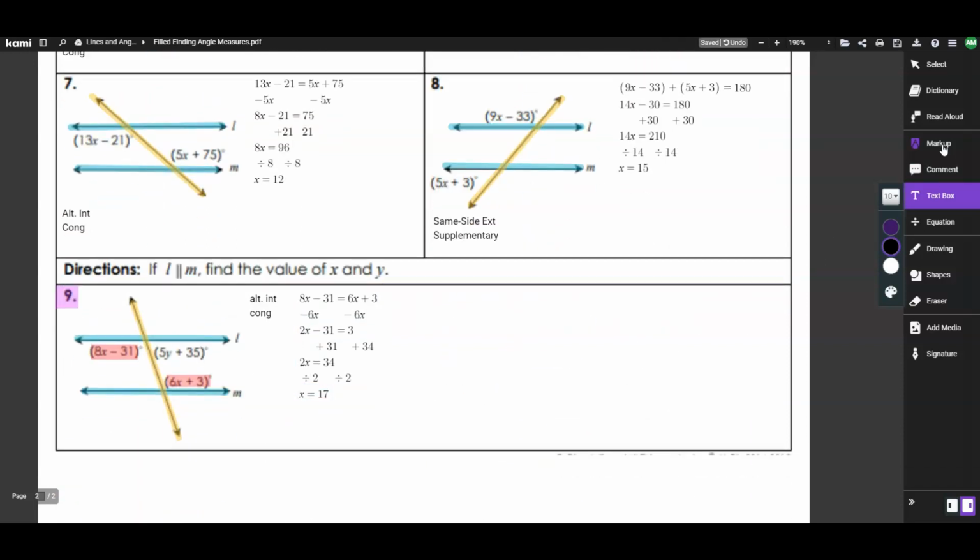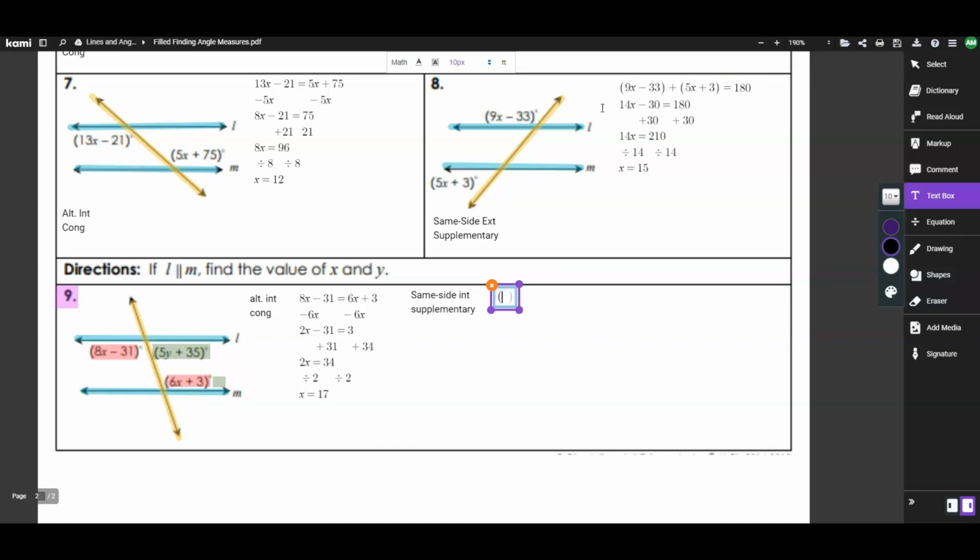Now, if I move on to my other angle pair that I need to do for this, I will have 5y plus 35 and 6x plus 3. I can see they are same side interior, so they are going to be supplementary. And of course, supplementary means that the sum of the measures is 180.